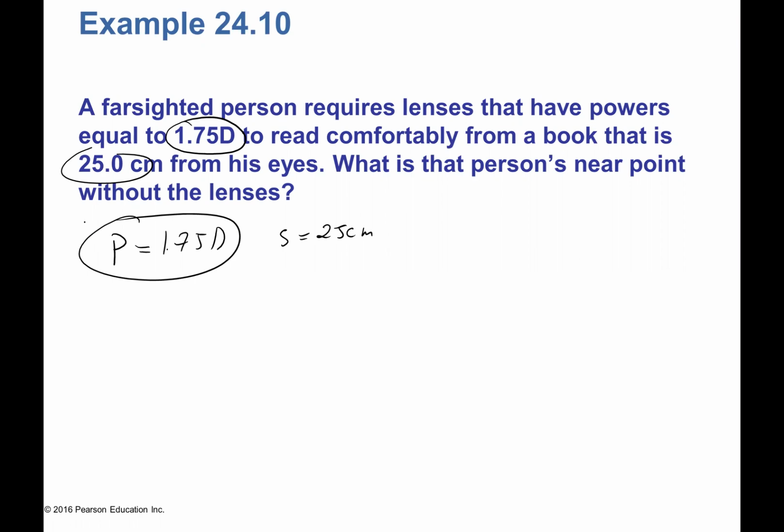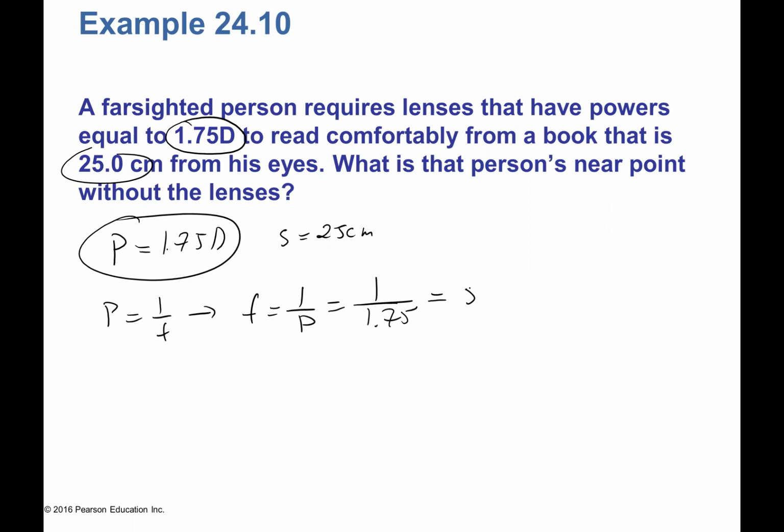The power can be used to find the focal length, because power equals 1 over the focal length. That means the focal length is 1 over the power. So doing 1 over 1.75 gives me the focal length of this lens.